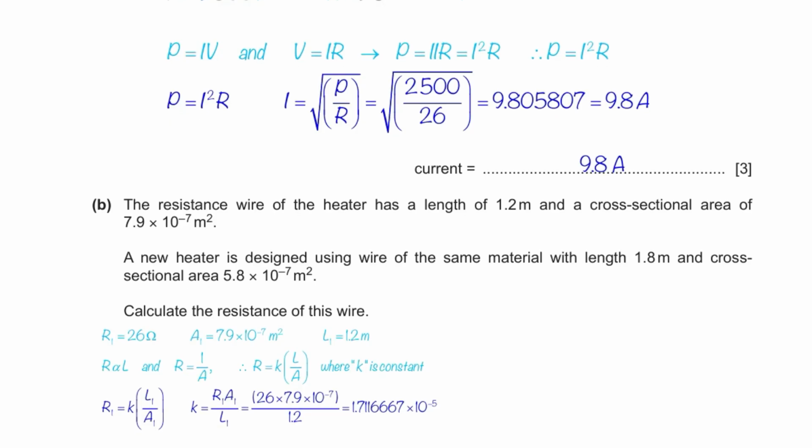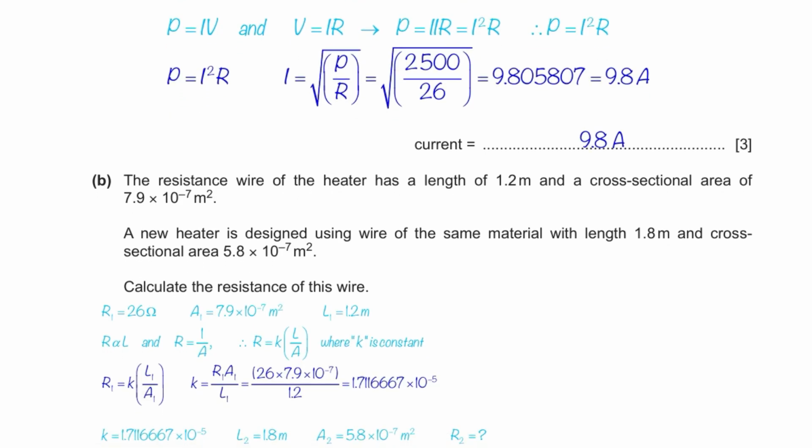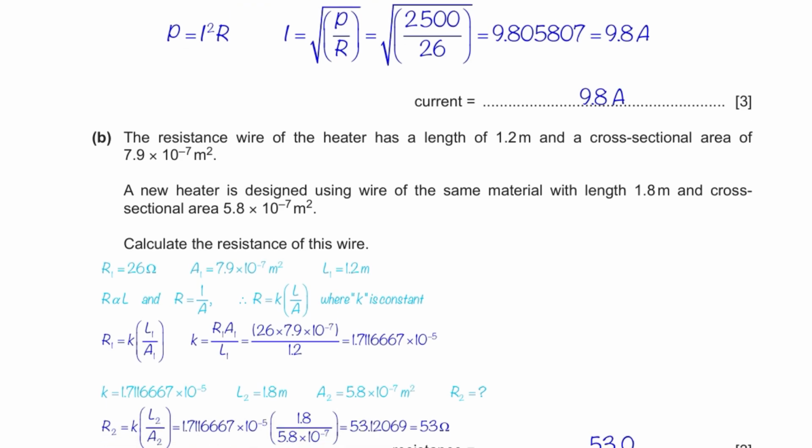Step 3. Use k to calculate resistance of the new wire. Now we apply the same formula for the new wire. R2 equals k multiplied by L2 divided by A2. We know k equals 1.71166667 multiplied by 10 to the power of minus 5.